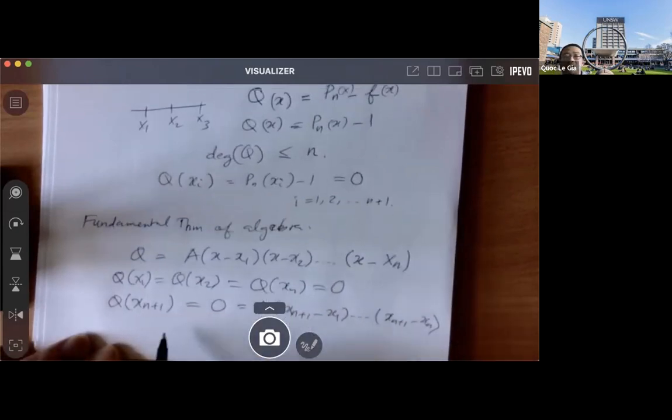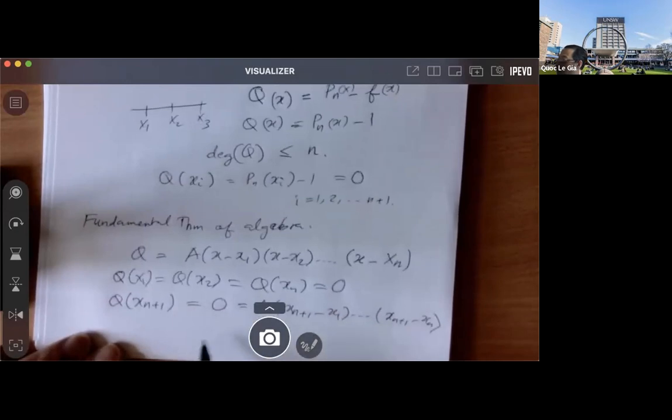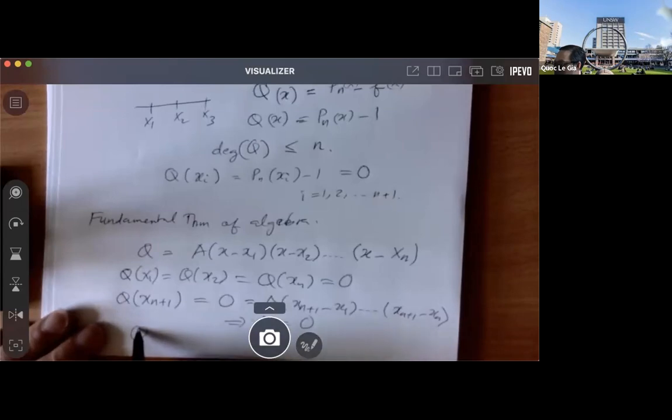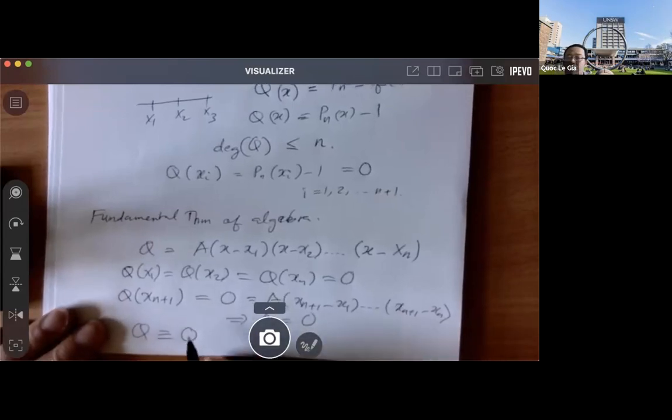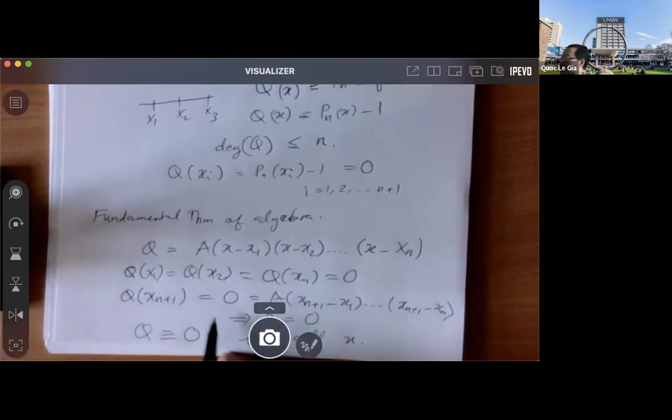Now the delicate point is the last point. We assume that all the points are different. Then the constant a has to be equal to 0. So therefore Q is identically 0 for all x. You see, the degree being less than or equal to n is very important.